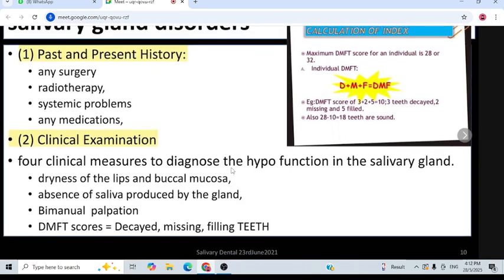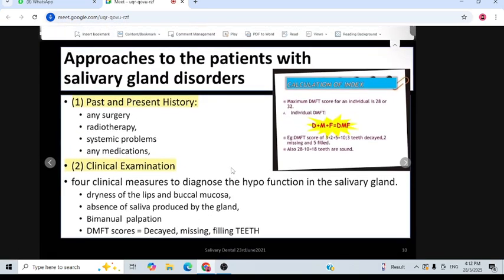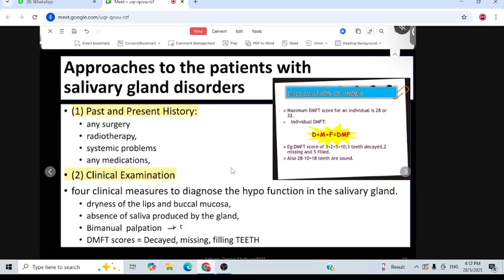Bimanual palpation is mainly for your submandibular gland. Do you all know how to do the bimanual palpation? You all know where your submandibular gland is situated.